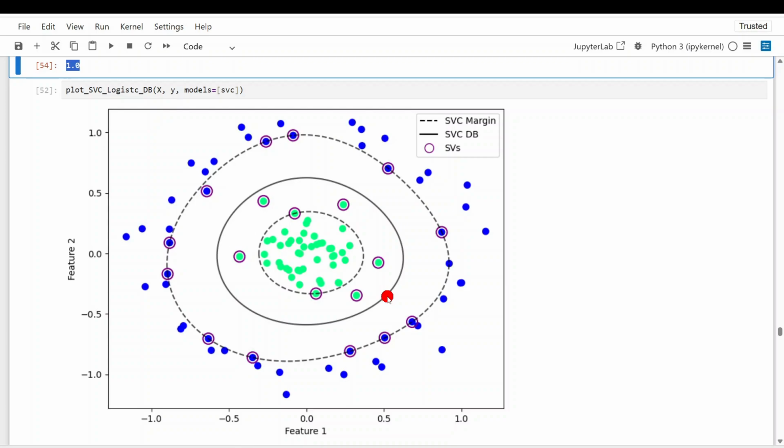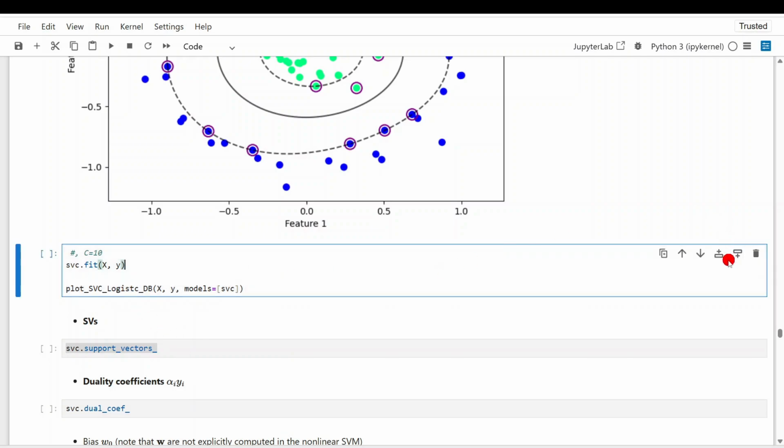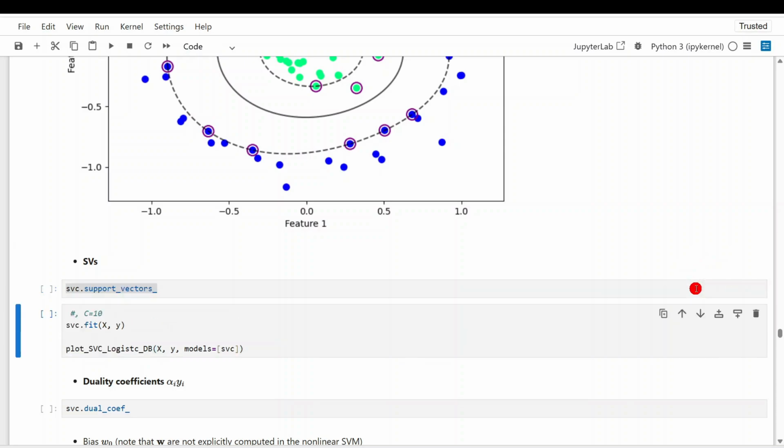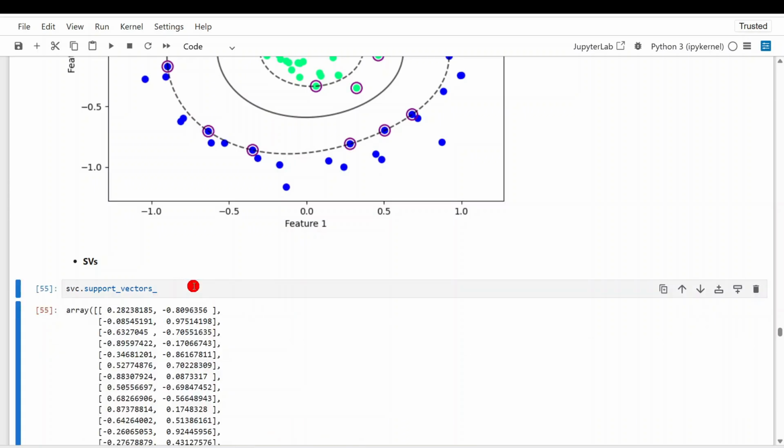Here, how many support vectors do we have? We can count, for example, 1, 2, 3, and so on up to 19. There are 19 support vectors. Let me just see the support vectors.